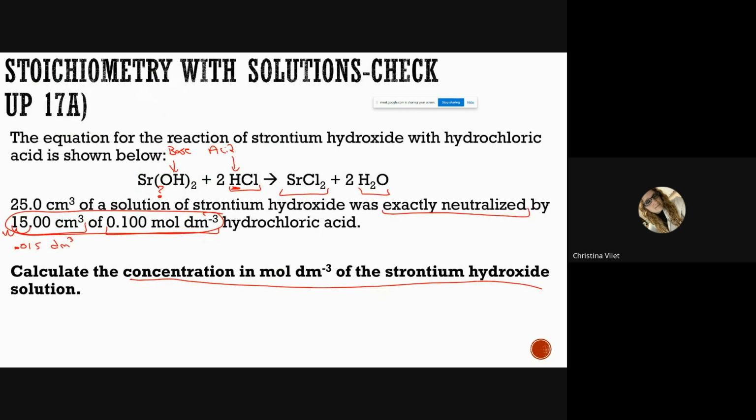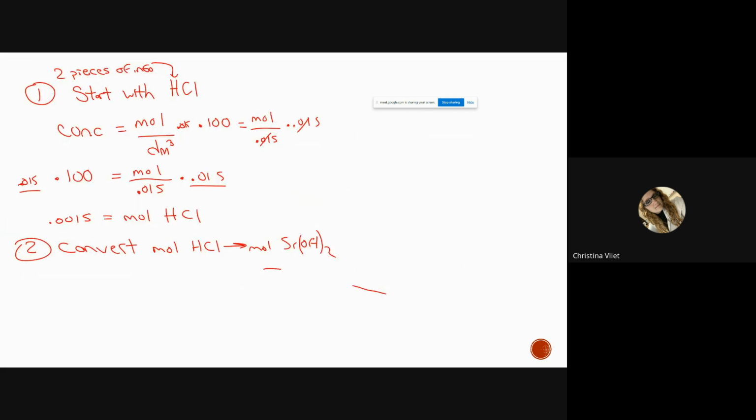Because at neutralization, you are reacting your acid and your base, and you've got these exact amounts. This is your ratio. This is your recipe. You can only use your recipe at neutralization. So what does this say? 1 strontium hydroxide requires how many HCl's? 2. So I've got 0.0015 HCl's. How many strontium hydroxides? What would you do?